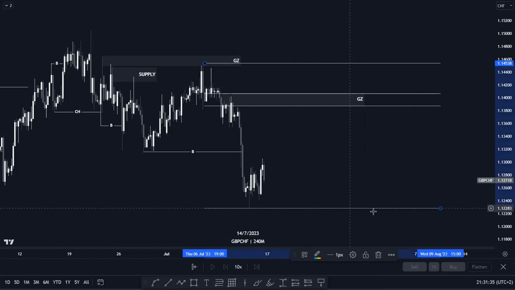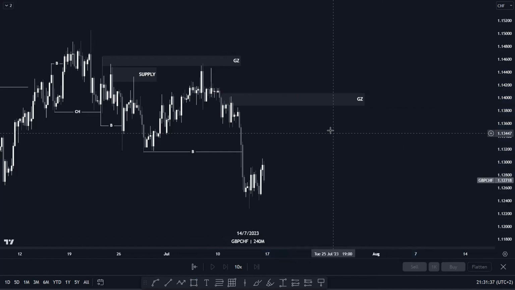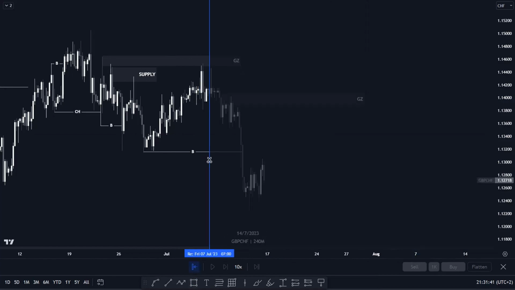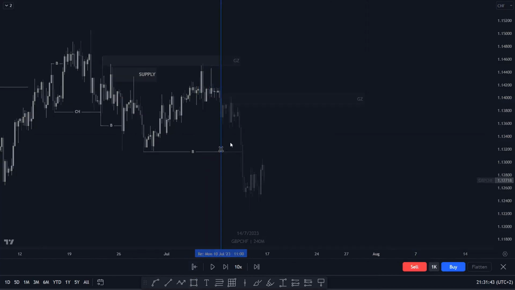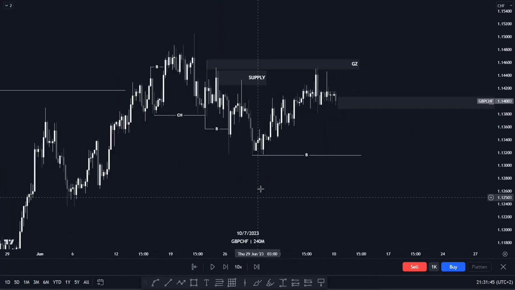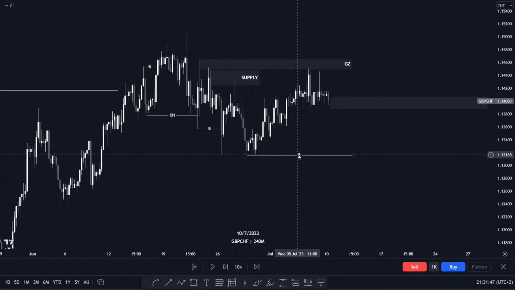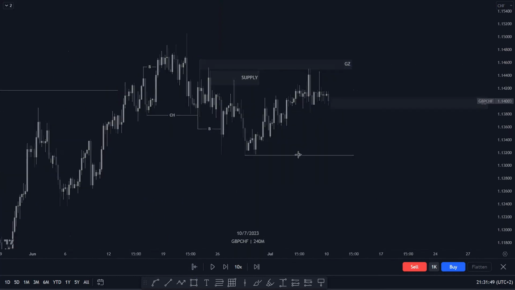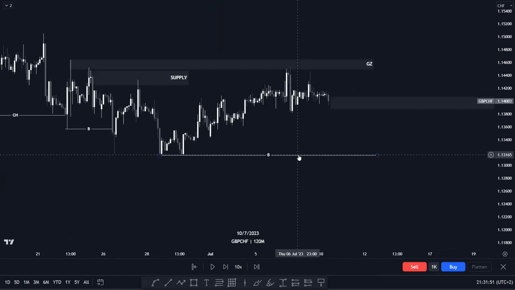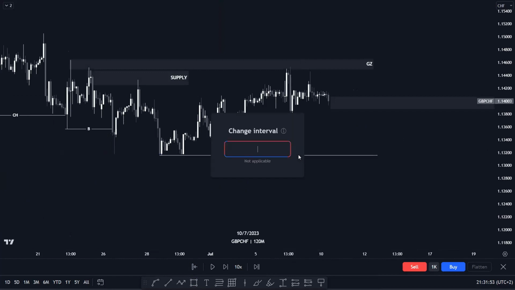Okay, so one thing I missed is that also within this range here, price also created confirmation entries. So let's just move to our 60-minute chart or our 45-minute chart.